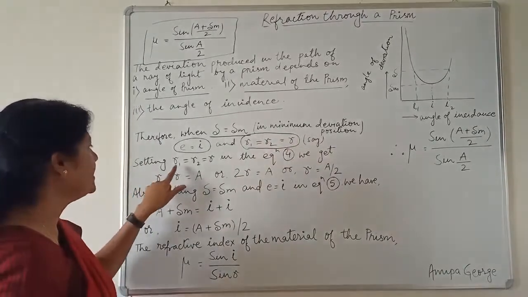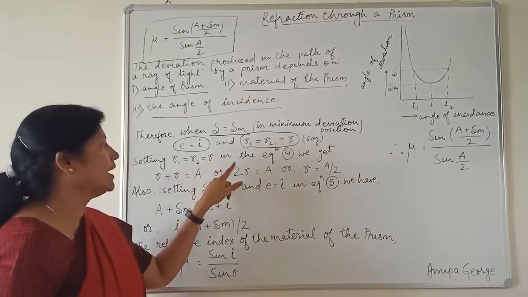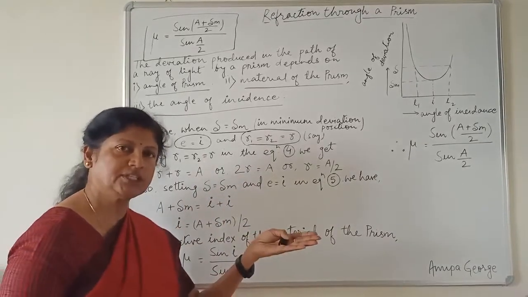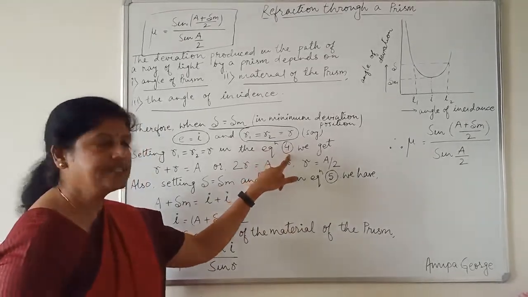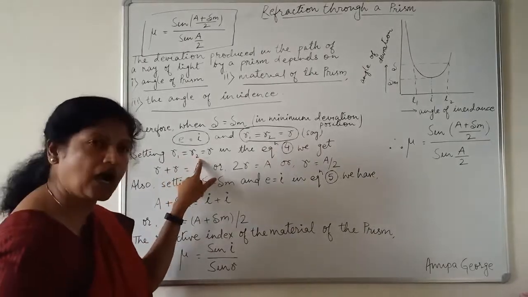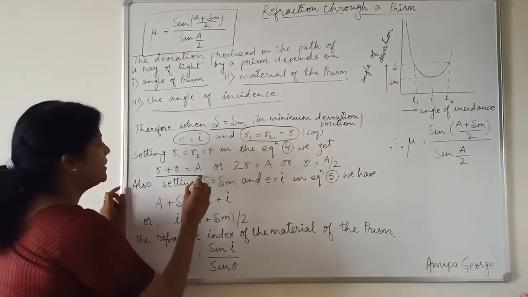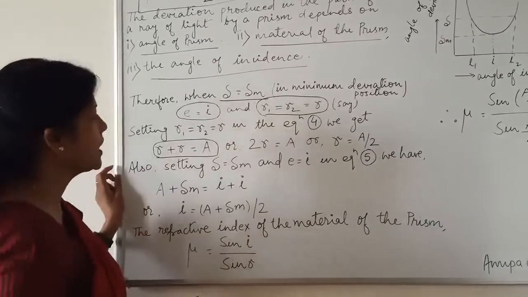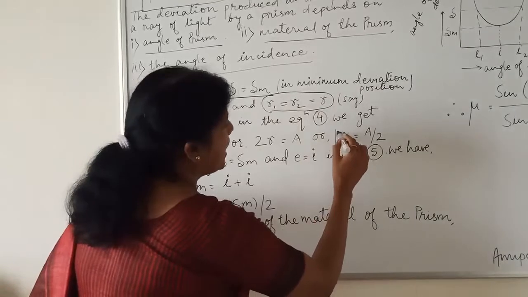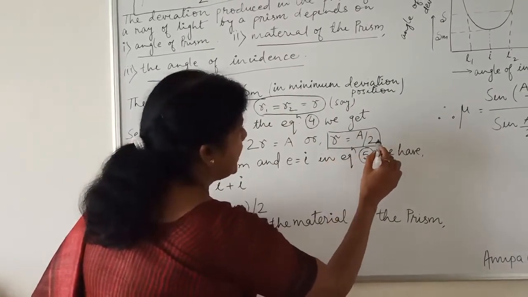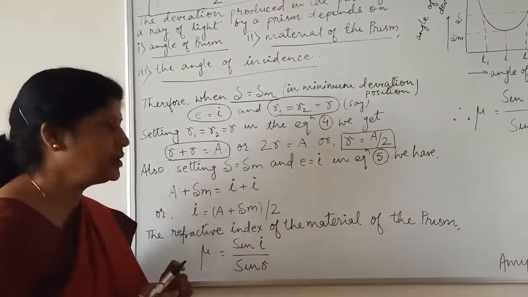Now, setting R1 is equal to R2 is equal to R in equation 4, the previous equation for refraction through a prism, we get R plus R is equal to A, or 2R is equal to A, or R is equal to A upon 2, half of the angle of prism.